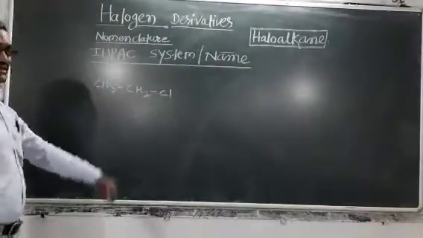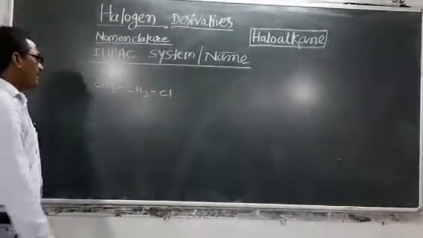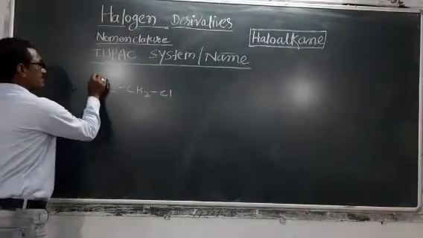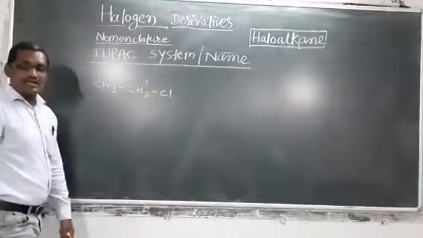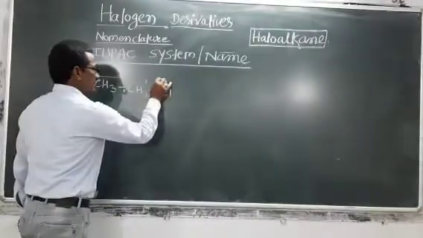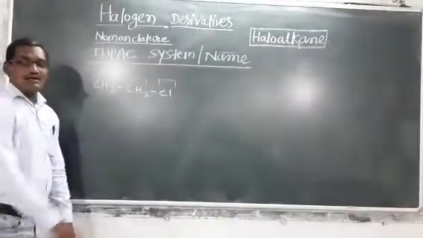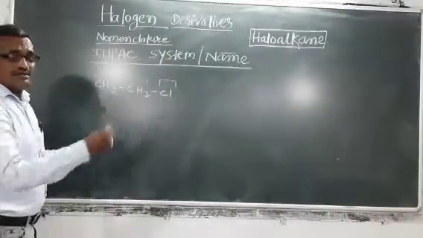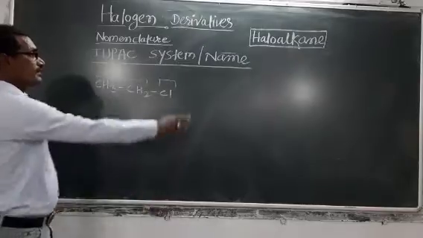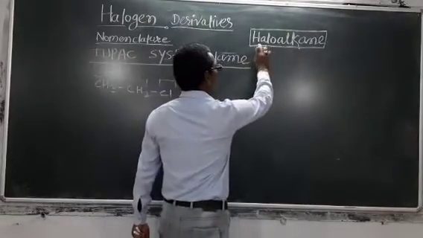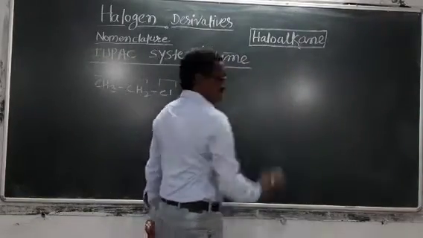Now look toward this example. In this example there are two parts. One part is the carbon chain, another part is the halogen. How do we give the name for halogen derivatives here? Look here, there are two parts, halo and alkane.